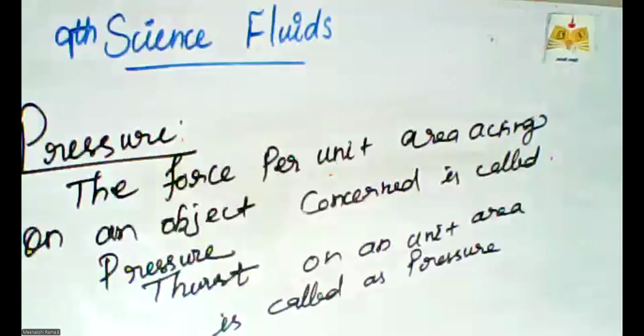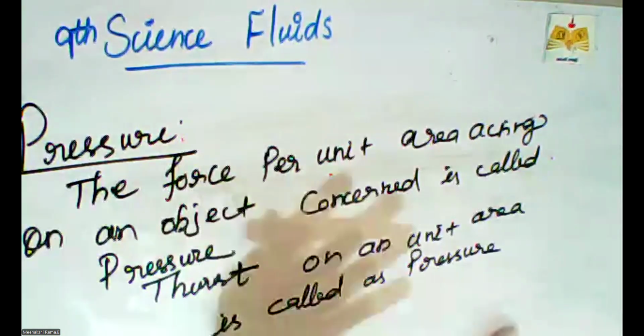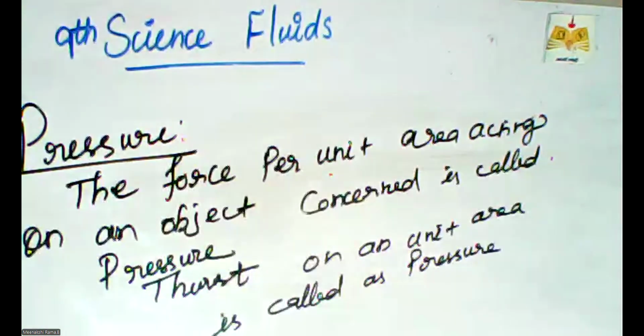So what is the difference between pressure and thrust? Thrust is nothing but force acting perpendicular to the surface, but the force per unit area acting on the object concerned is called pressure.